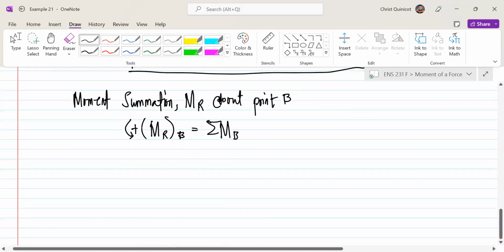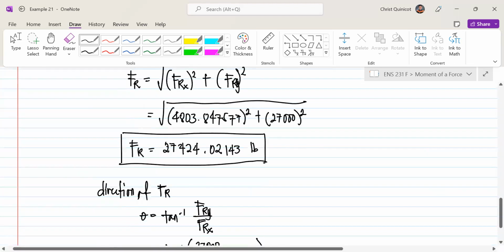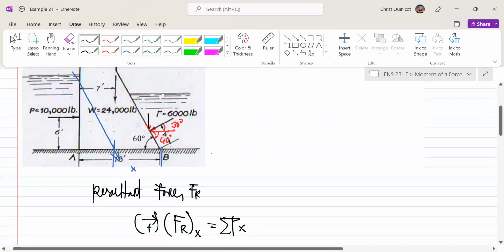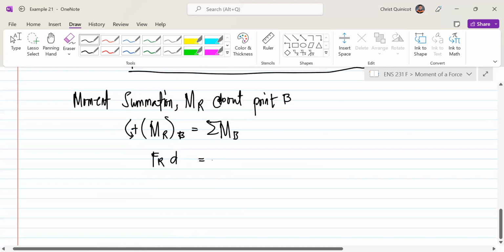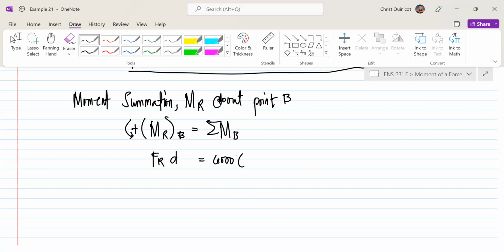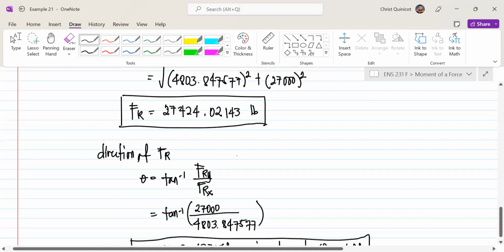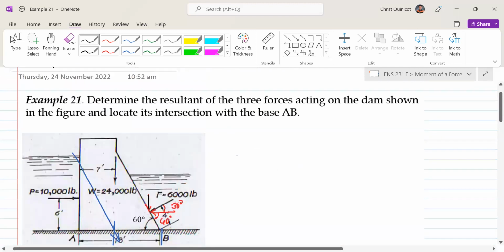The 6,000 pound force is applied perpendicular to our incline, and the measure is 4 feet, so we write 6,000 times 4. Next, we have 24,000 going down.